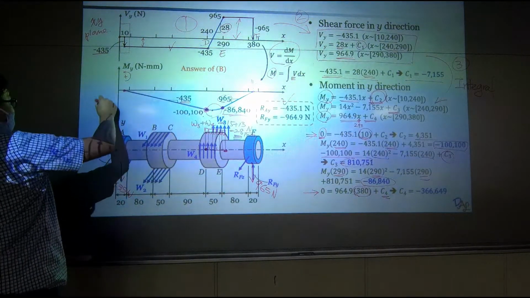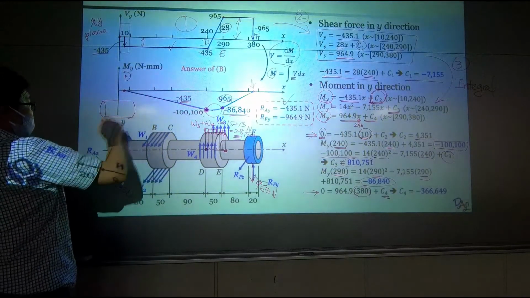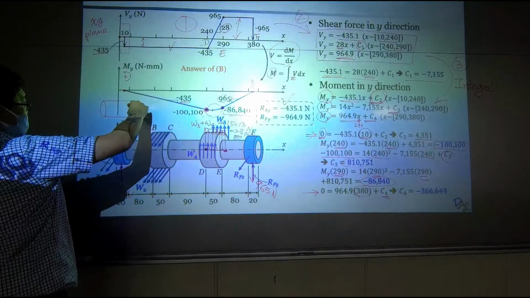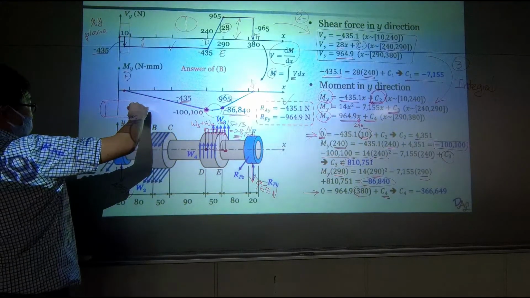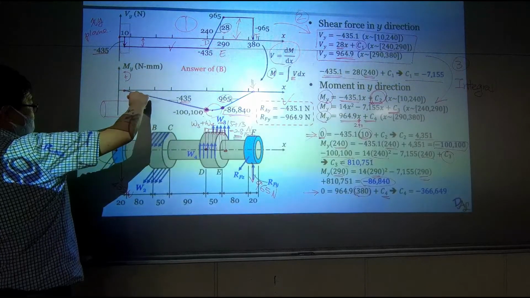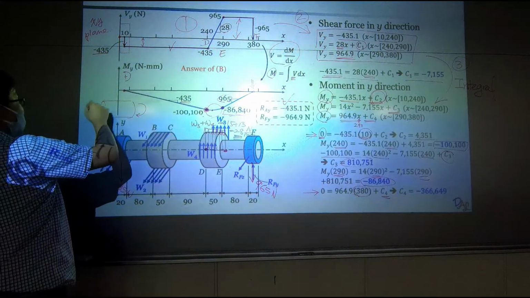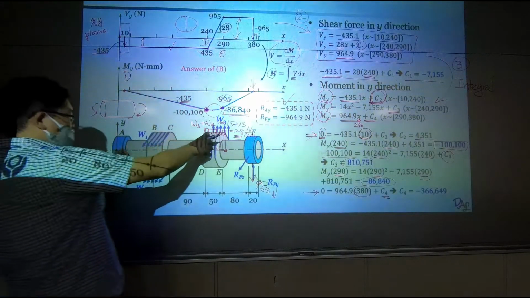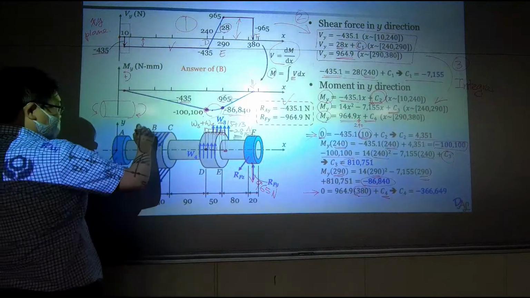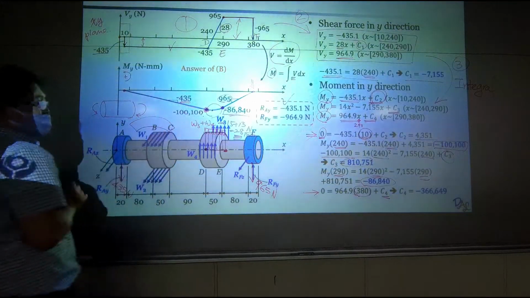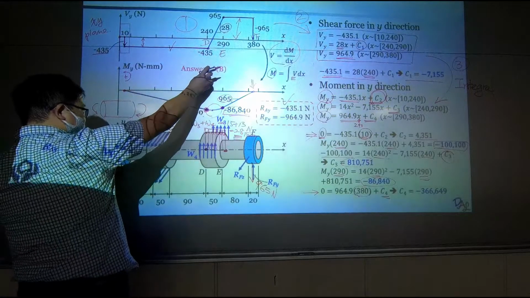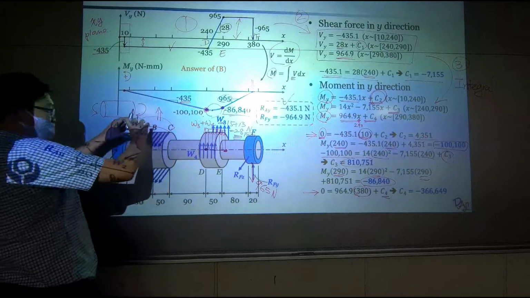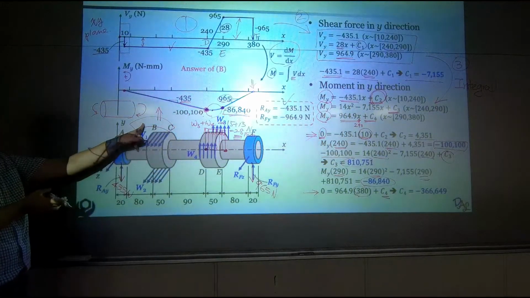Let me double check. If we have a shaft like this, and we're doing this. Yes, we're doing this. If we pull up, then our shaft bends in this way, right? If we pull up from here and support on two edges, this shaft is bended in this way.